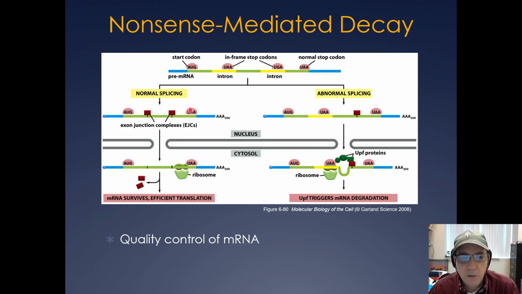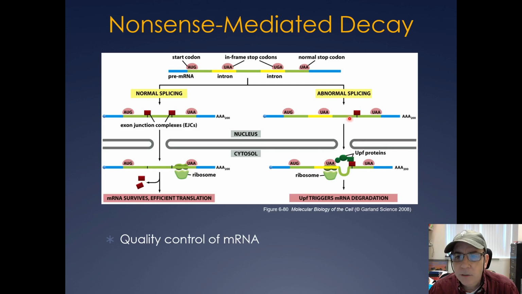Then this messenger RNA, once it's capped and has the poly A tail, goes out into the cytosol where it's translated. If all goes well, there's efficient translation. You find the start codon and the stop codon, and as the ribosome moves through, it knocks the exon junction complexes off, and you just get translation.